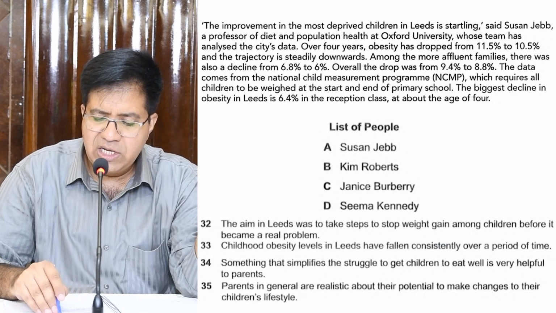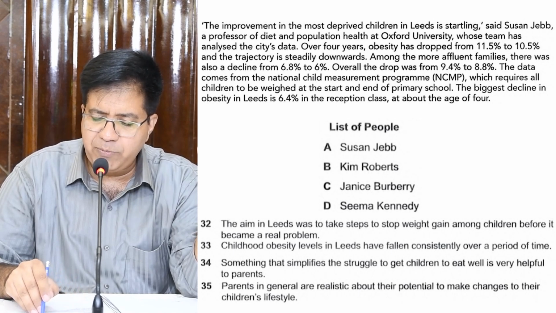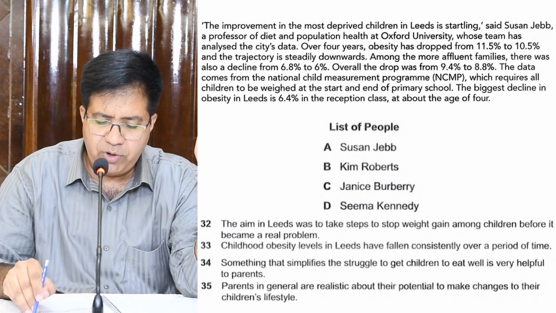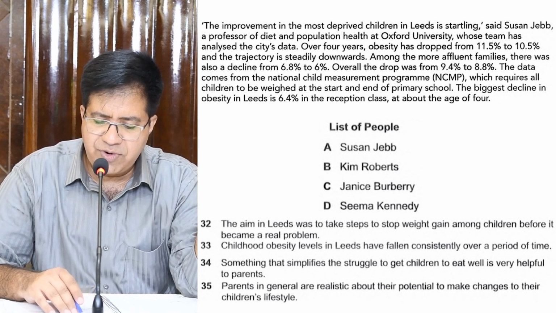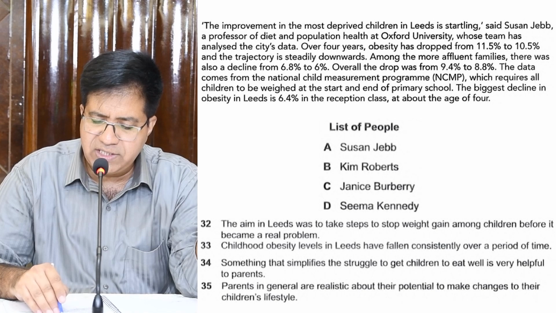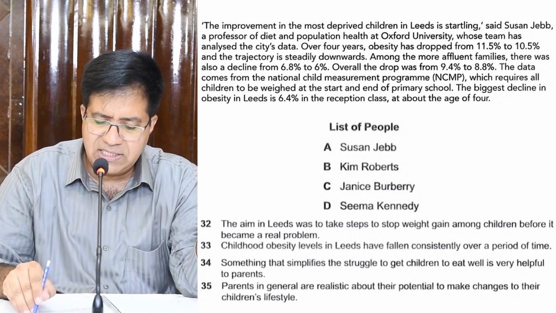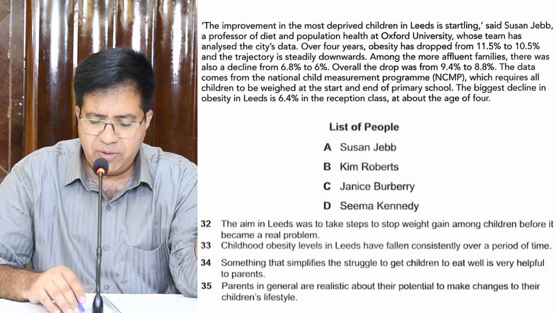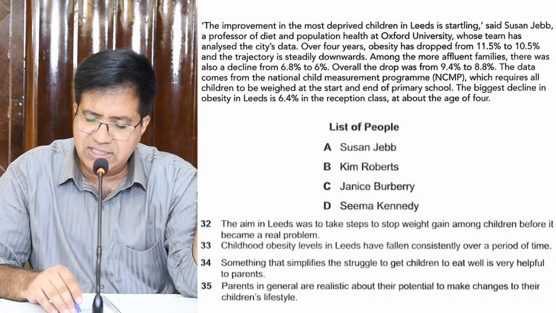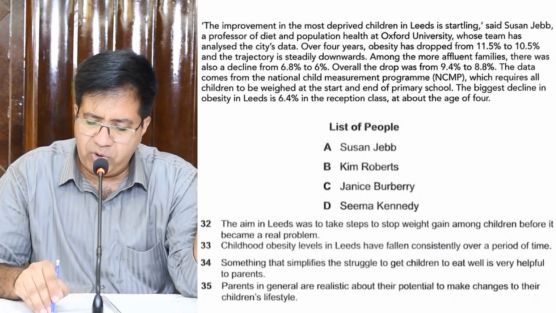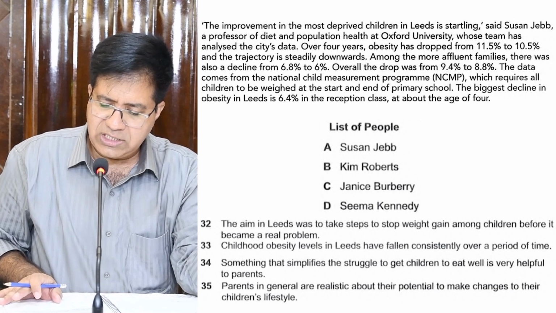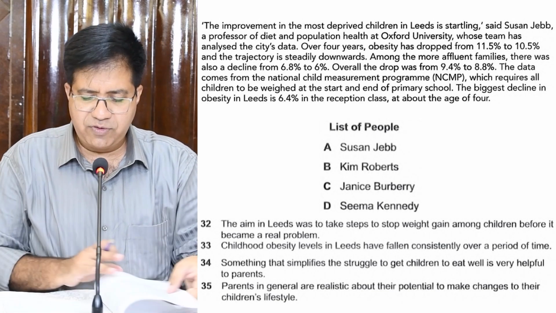Over 4 years, obesity has dropped from 11.5% to 10.5%, and the trajectory is steadily downwards. Among the more affluent families, there was also a decline from 6.8 to 6. Overall the drop was from 9.4 to 8.8.